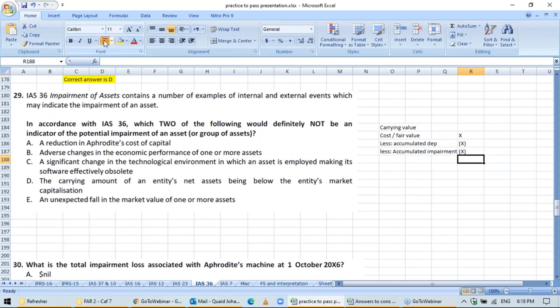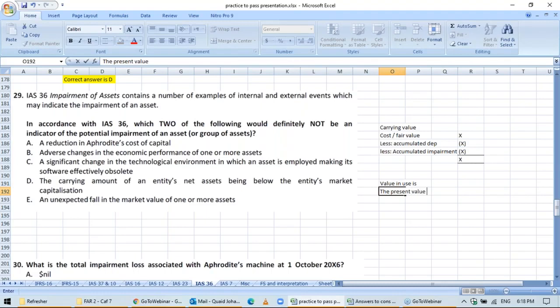Now, what is value in use? Value in use is the present value. Present value means you have to discount it. You have to calculate a present value by multiplying the cash flows with 1 plus r to the power minus n.